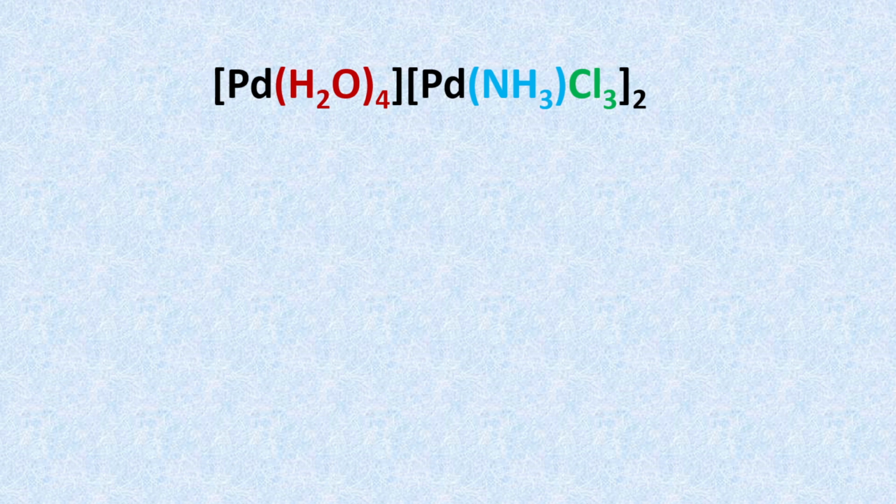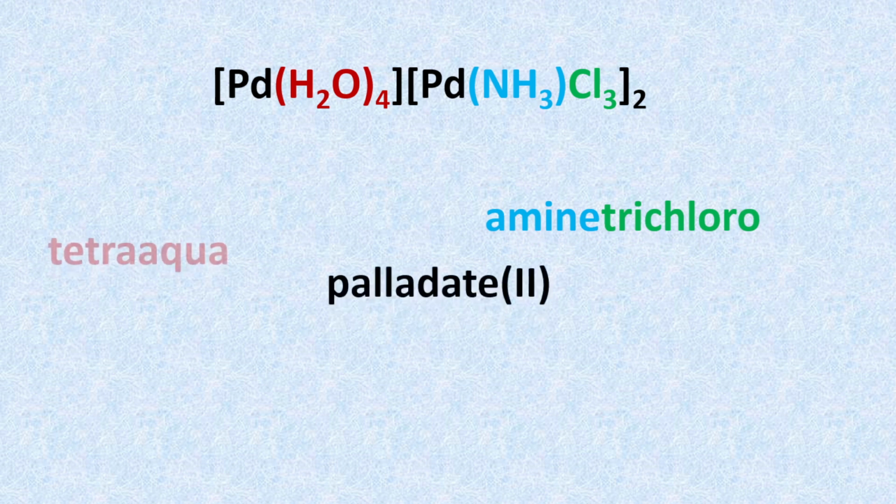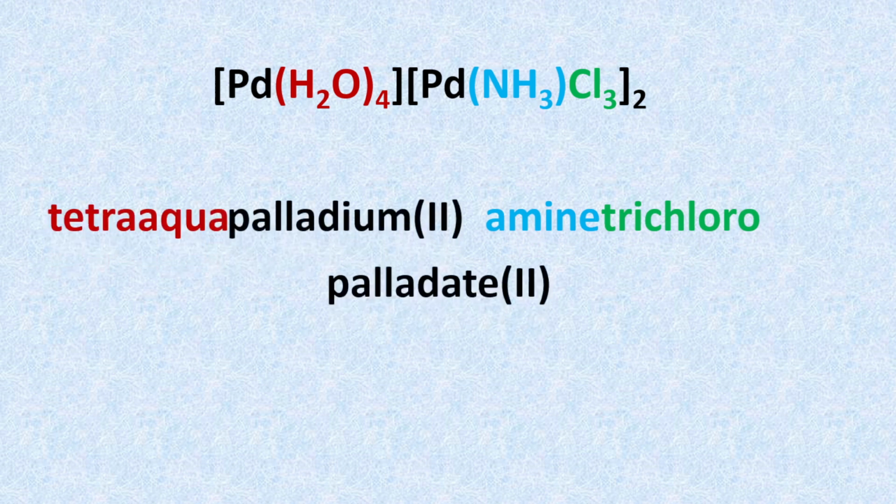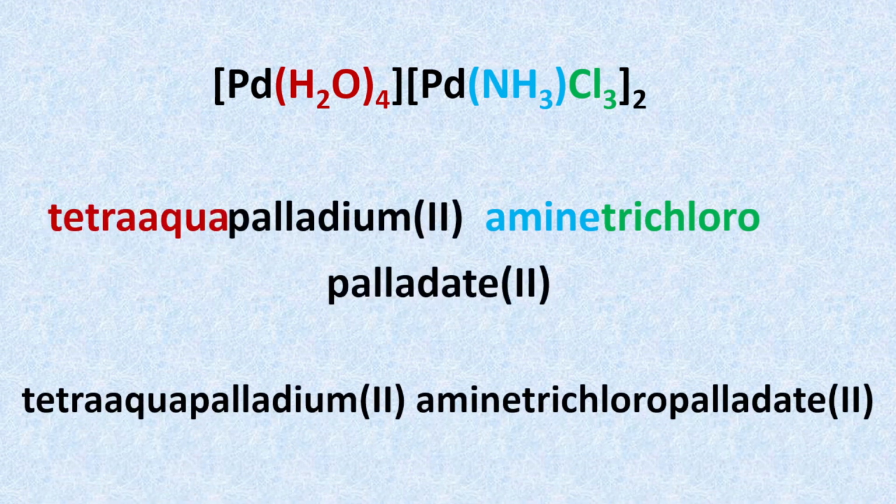Therefore, the oxidation state of palladium in the cationic coordination sphere will be +2. Thus, the nomenclature of this complex is tetraaqua palladium 2 amine trichloropalladate 2.